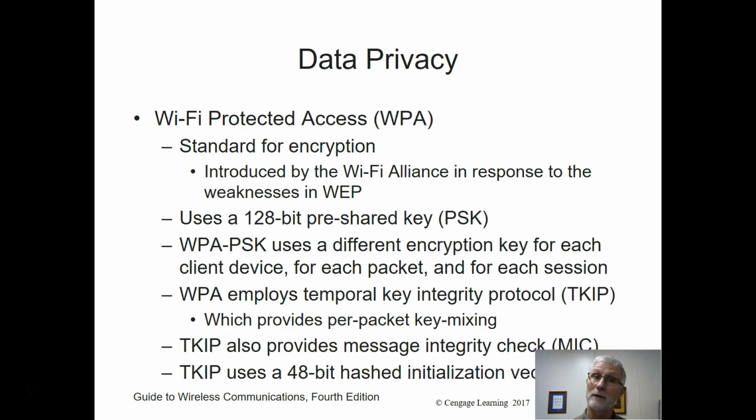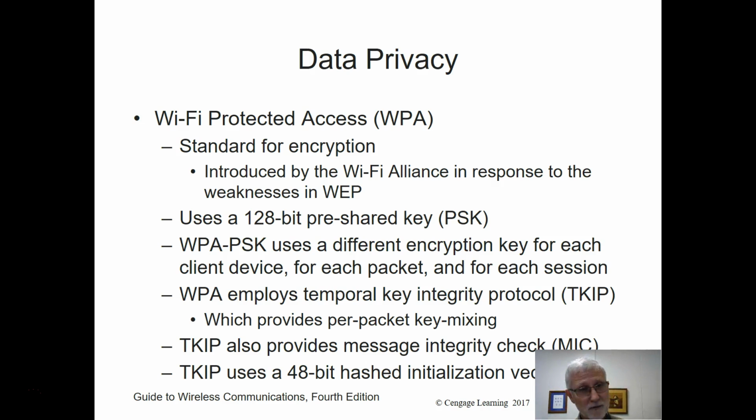The next one is WPA, Wi-Fi Protected Access. It's a standard encryption. It was the Wi-Fi Alliance's response to the weakness in WEP. It uses a 128-bit pre-shared key, a PSK, so usually you'll see it defined as WPA-PSK.